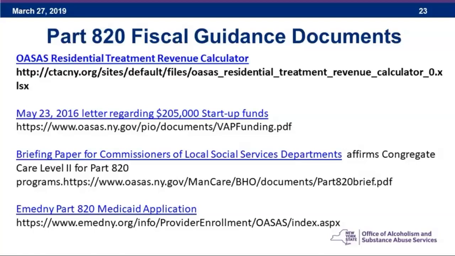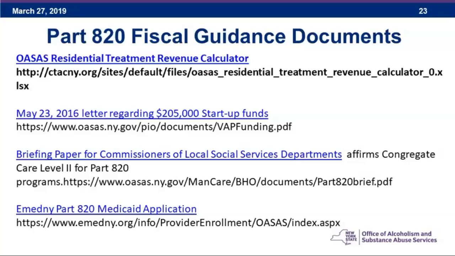So for those programs that have no Medicaid provider ID number in place at all and are thinking that they may want to do the stabilization or rehabilitation element, this is a piece that you would want to put into your pre-readiness planning process so you're up and able to do the process to get the $205,000.